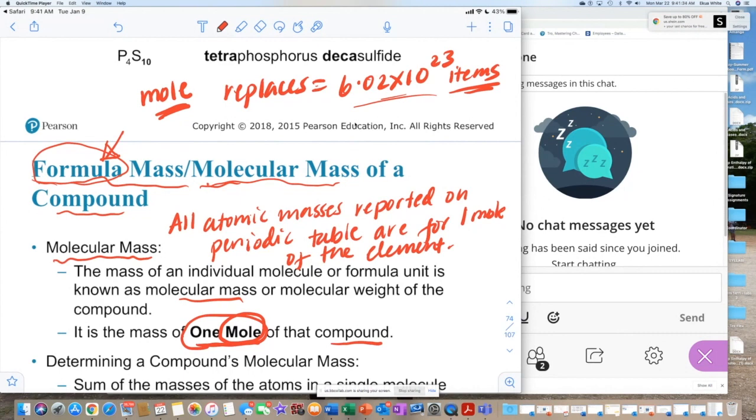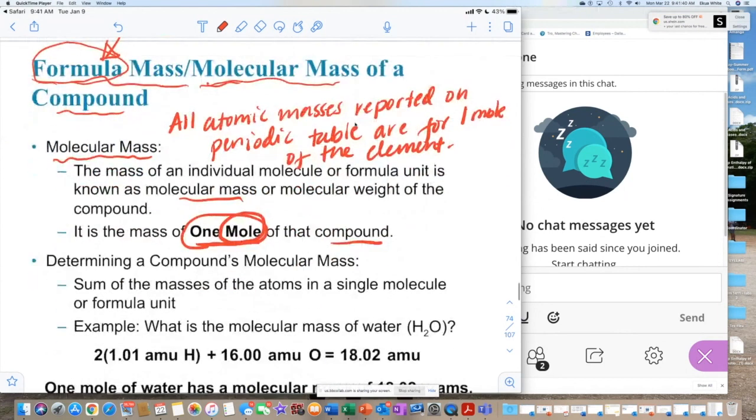The context here, of course, in chemistry will always be compounds or elements. Okay. So, once again, the masses reported in the periodic table are average masses for 1 mole of that element. So when we're dealing with molecular mass, the macro level masses, we tend to report the masses. It's understood as for 1 mole of the compound.